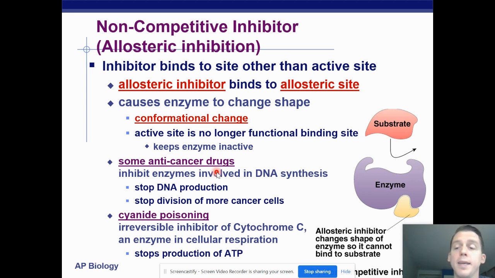So it's a way of stopping cancer cells from dividing by non-competitively blocking an enzyme. Cyanide poisoning works in the same way. It's going to stop an enzyme that helps produce ATP called cytochrome c. And cyanide poisoning is going to work, like we see on the right, in a non-competitive way. It's going to block ATP production, which of course we need for energy.